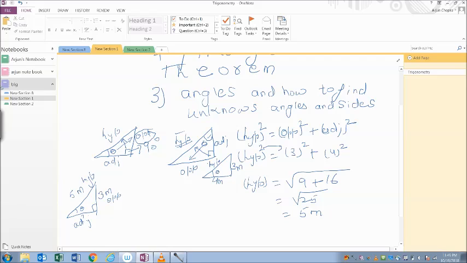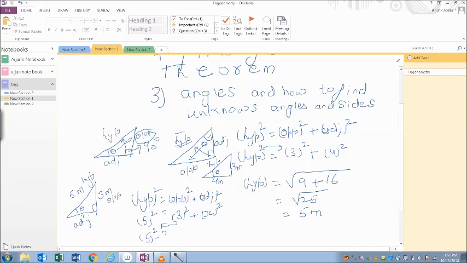The Pythagoras theorem says hypotenuse square equals opposite square plus adjacent square. Alright, so opposite again given to me is 3 square plus adjacent, I'm going to suppose it as x square. Hypotenuse is 5 square.